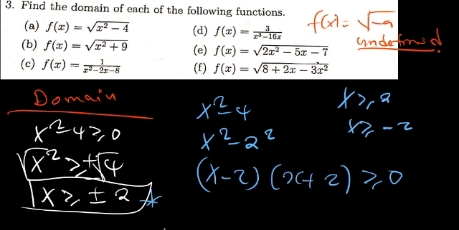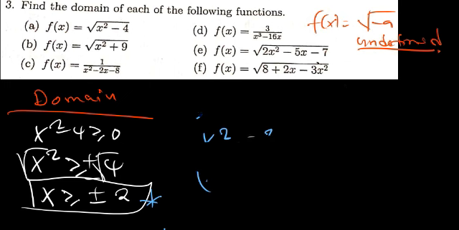Now, after finding these values, whenever we're talking about how to find the domain of a radical function, the square root, one thing you have to understand is that if you have got more than two values, it will always go back to inequality.